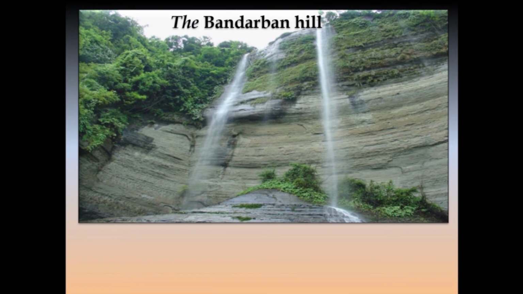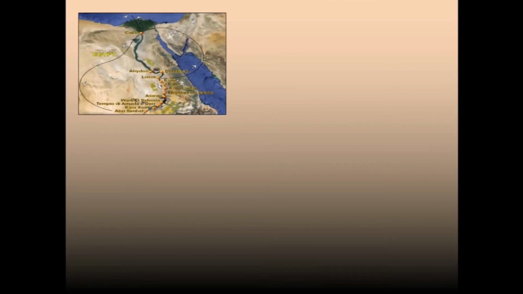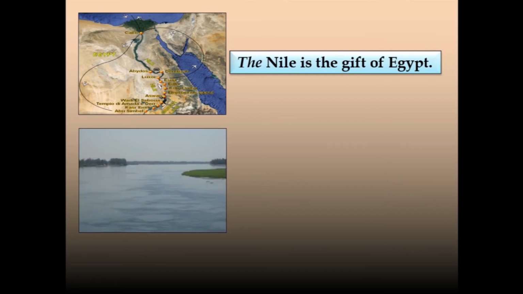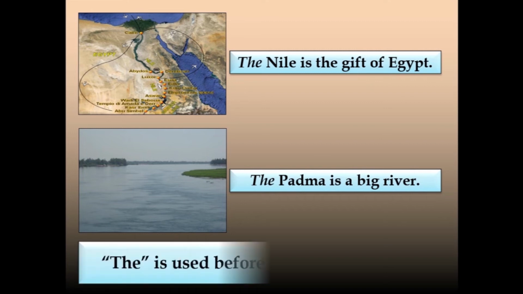The Bandarban hill, the is used before the name of a hill. The Nile is the gift of Egypt. The Podda is a big river. So the is used before river.